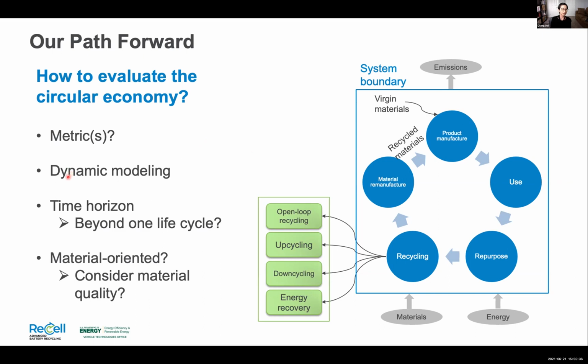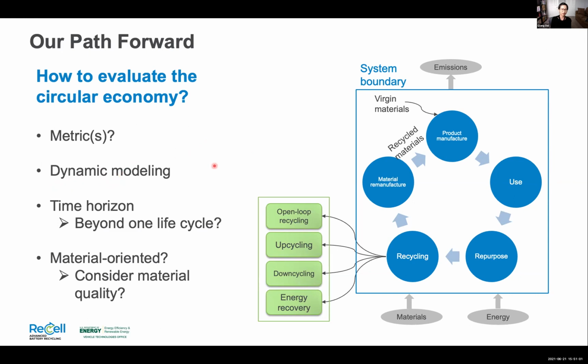Also, we may need to think about dynamic modeling, again, to account for the supply chain changes and technology changes. Another thing we may need to think about is the time horizon of the analysis. Normally when we do life cycle analysis, we look at one life cycle.